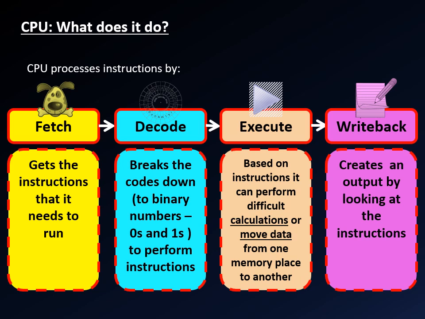Based on instructions, it can perform difficult calculations or move data from one memory place to another. Write back. It also creates an output by looking at the instructions. Please pause the video at this stage and ensure that you take notes of the information on this slide, as you will need it for your exams.